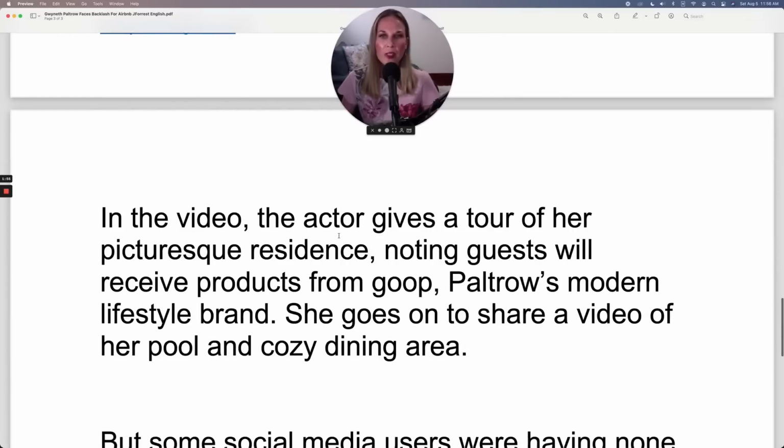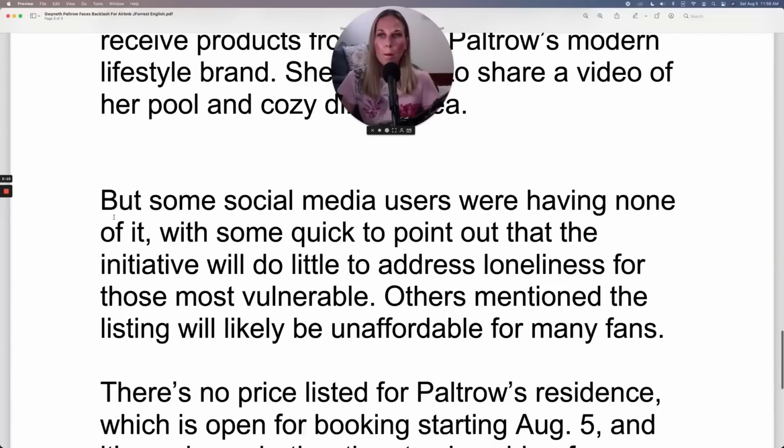In the video, the actor gives a tour of her picturesque residence, noting guests will receive products from Goop, Paltrow's modern lifestyle brand. She goes on to share a video of her pool and cozy dining area. But some social media users were having none of it, with some quick to point out that the initiative will do little to address loneliness for those most vulnerable.